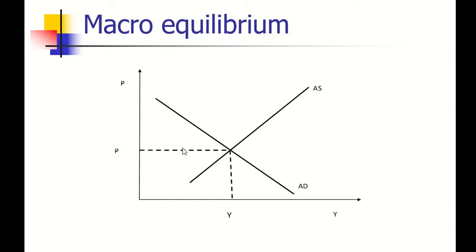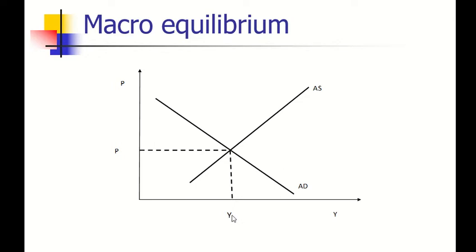The corresponding price level is the equilibrium price level, and the corresponding real output is the equilibrium real output. So at this point here, the real output demanded is the same as the real output supplied.